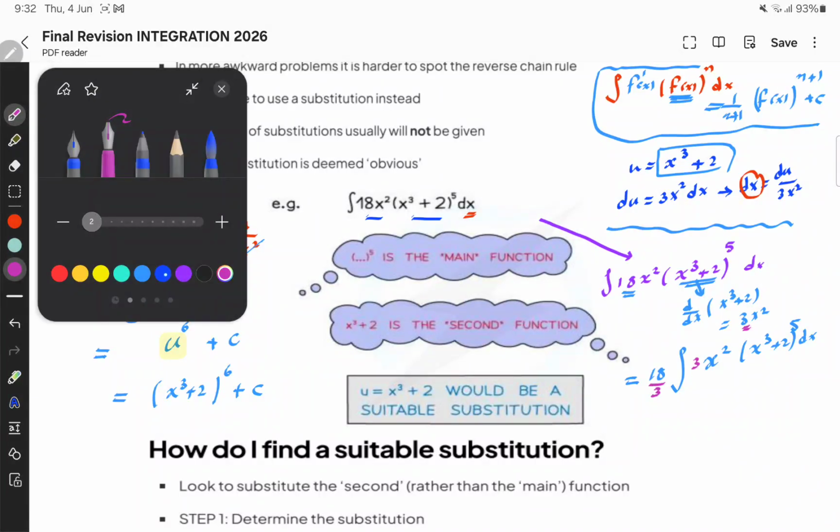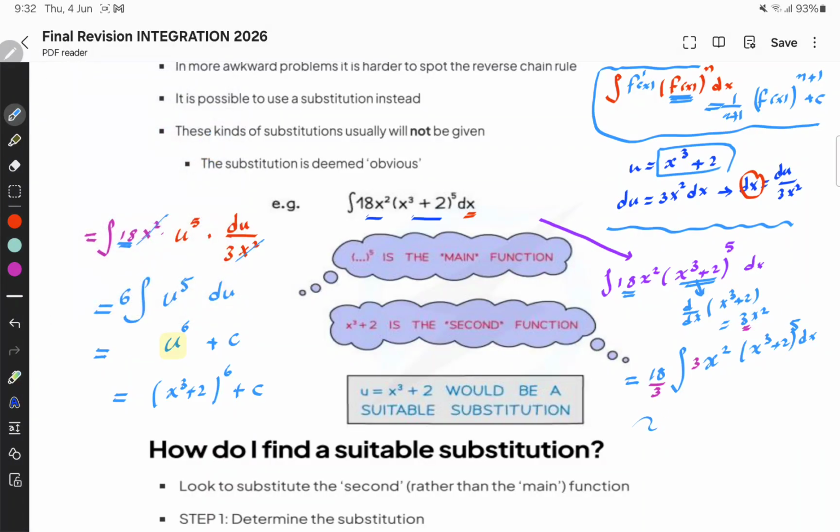So now 18 divided by 3 will be 6. That is the derivative of inside, so it's integrated using recognizing. Here we're just adding 1 to the power, x cubed plus 2 all to the power 6, divide by the new power, 1 over 6, all of that plus c. So it's cancelled. So the answer will be x cubed plus 2 all to the power 6 plus c.